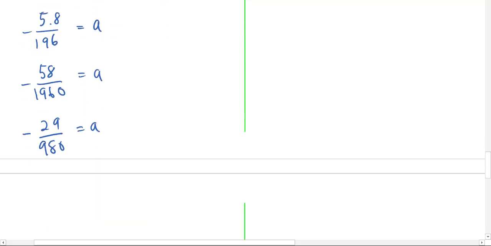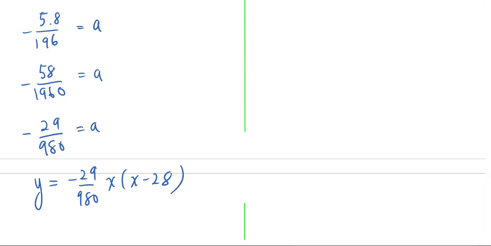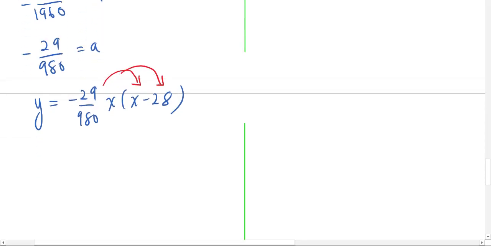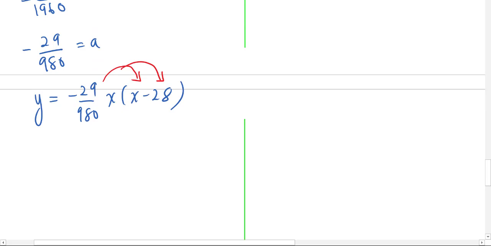So we have that the height of the parabola is negative 29 over 980 x, x minus 28. There it is in factored form. So what we need to do next is expand this expression. So I'm going to take this thing, multiply it by this, and multiply it by the 28. So there's our factored form.